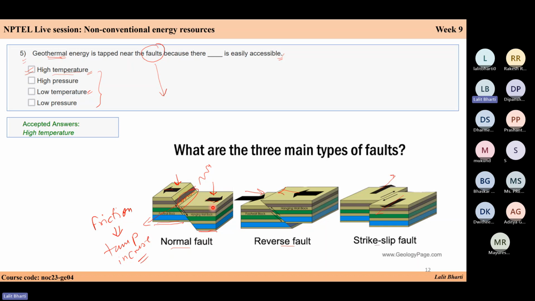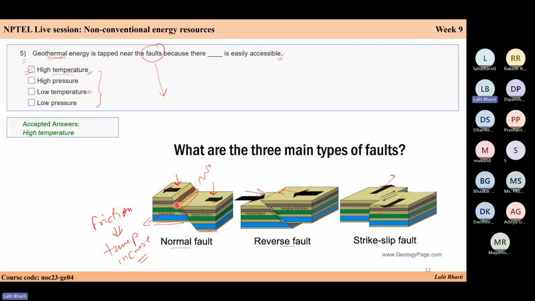These are the tectonic plates, and where two tectonic plates touch each other or move together, be it the normal fault, the reverse fault, or just the strike slip fault, these are types of faults. Faults means the earth's plates have relative velocities, and they produce friction by moving in the opposite direction with each other.